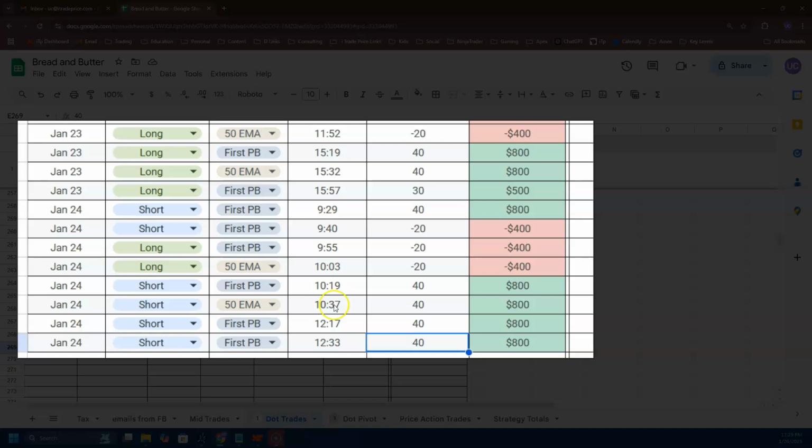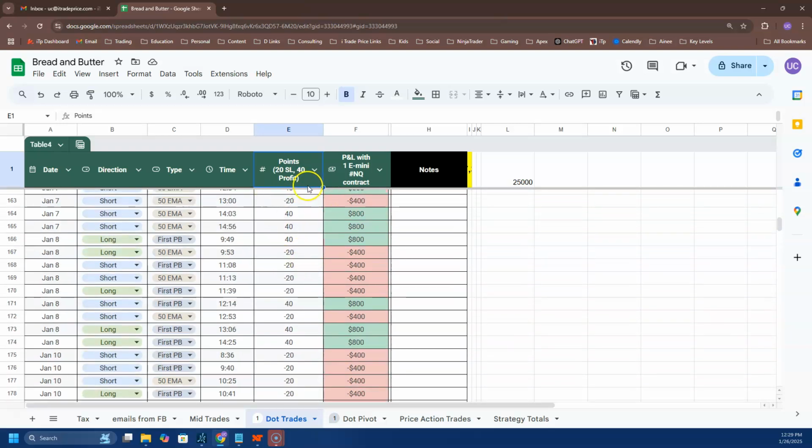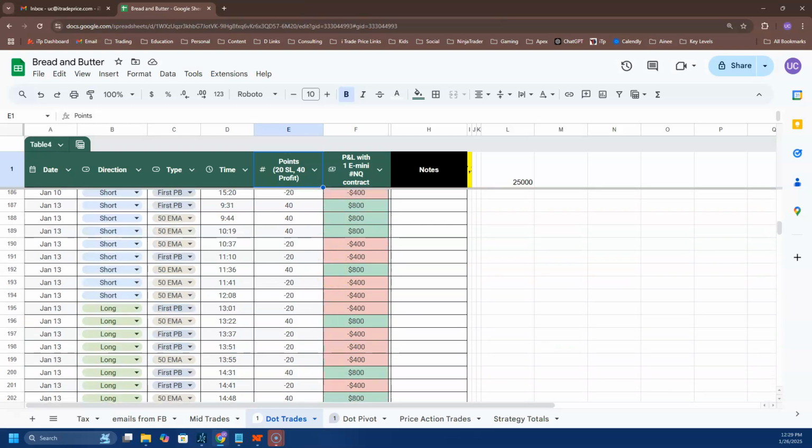And we tag each setup, whether it was a first pullback or a 50 EMA trade, whether it was a long or a short, and then the result. And this result is obviously based on the 20-point stop loss and a 40-point profit. You can change it to whatever you want, but this is what we kind of go with.